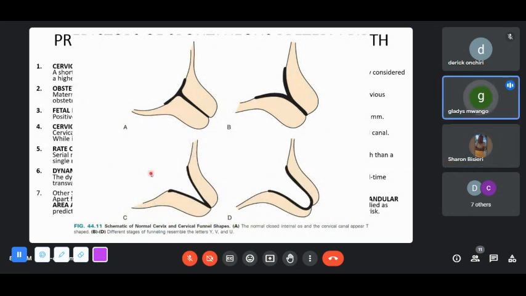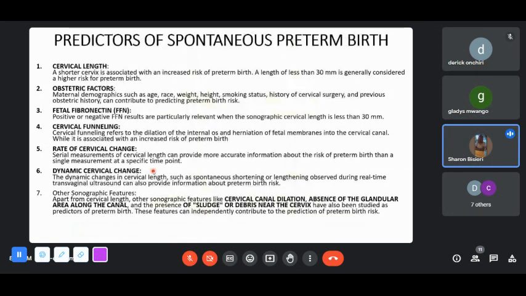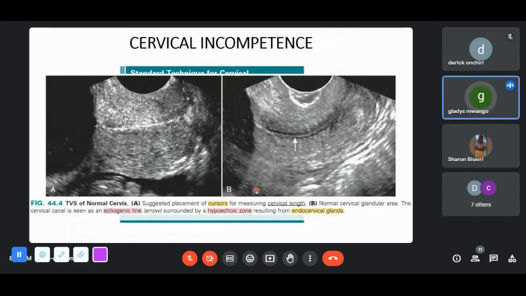I have a question before you move from there. When you're measuring the cervical length, you have to identify the internal os and the external os. And actually the cervix does look different, and the cervical mucosa, there's actually a change in its appearance when you compare it with the endometrium.